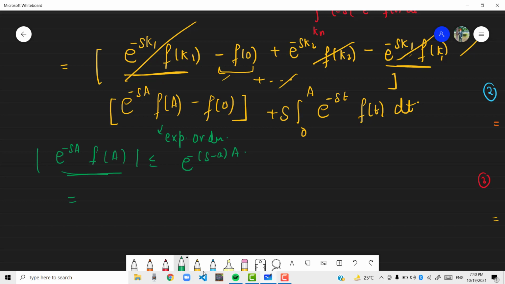That exponential order is a positive order. So when we take limit a approaches infinity, this expression will go to 0 and this we will be left with.